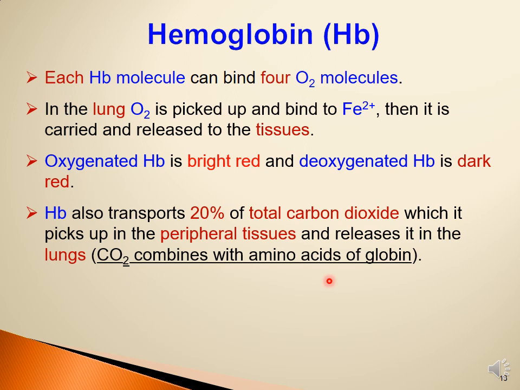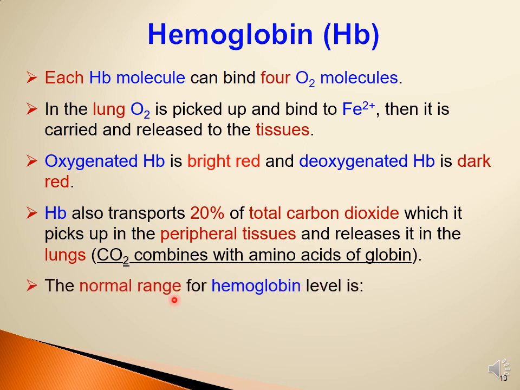So carbon dioxide does not bind to the ferrous iron. It binds to amino acids that are present in the polypeptide, because we know that polypeptides are composed of amino acids. So there is no competition between carbon dioxide and oxygen for the binding site on the hemoglobin molecule.